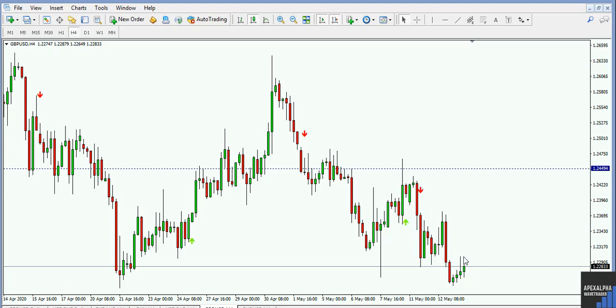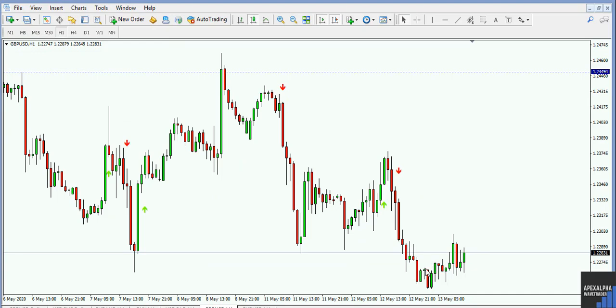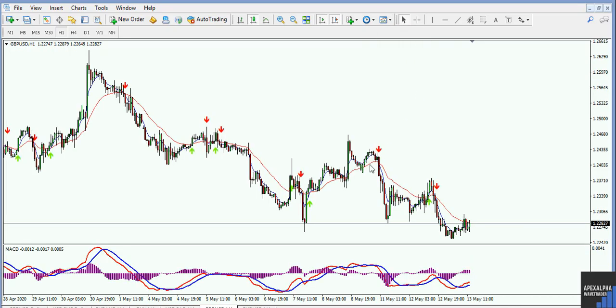So now you can see right now where we are, there is no discernible pattern for us to trade. Go down to our chart and it looks like we might be getting a wave bottom situation soon. I'm just going to put in the indicators again and let's have a look at how it looks.